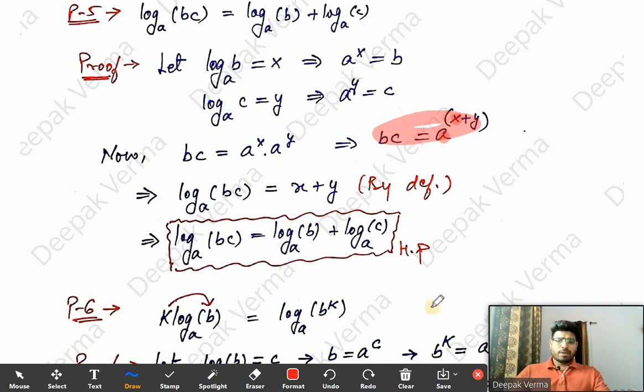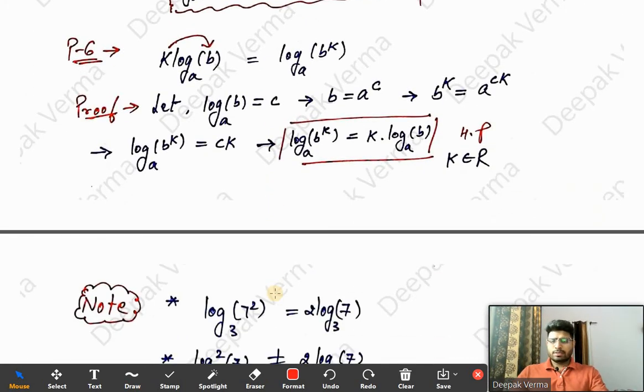So base a to the power right hand side, x plus y, is equal to the argument. It means log of b into c, this is the argument, base is a, this will be equal to x plus y. Log b into c base a equals x plus y by definition. So now x is log b to the base a, y is log c to the base a. Is it clear? I hope you have understood.